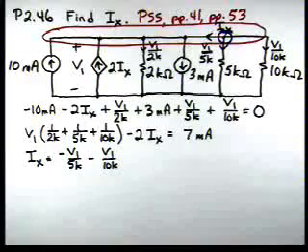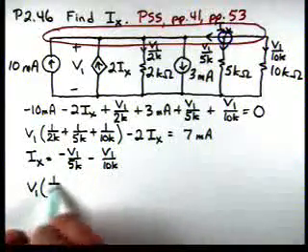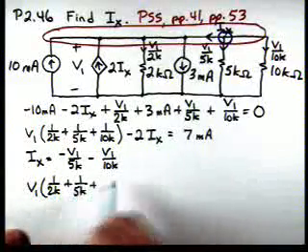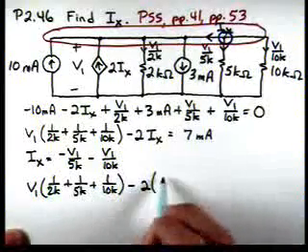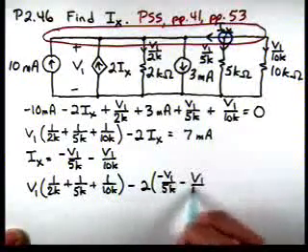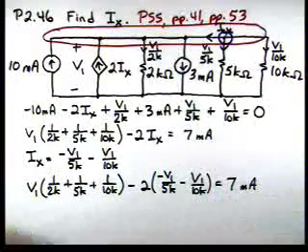So now let's substitute that in. So we'll have V1 times 1 over 2K plus 1 over 5K plus 1 over 10K minus 2 times minus V1 over 5K minus V1 over 10K is equal to 7 milliamps.